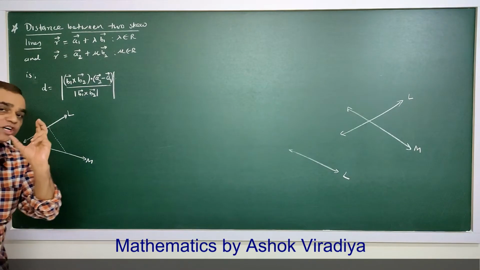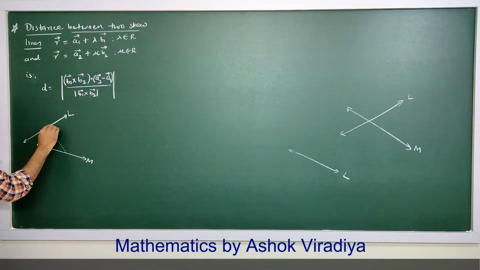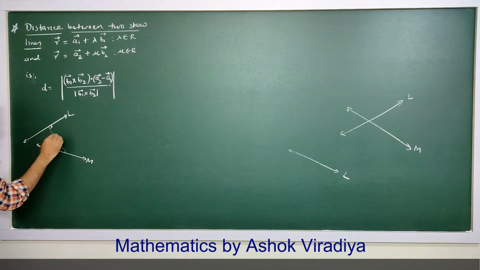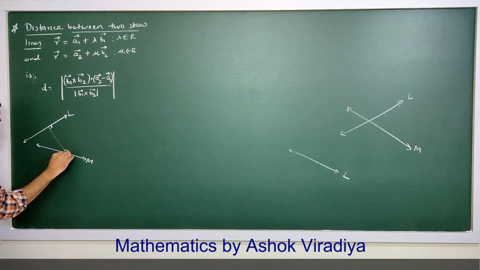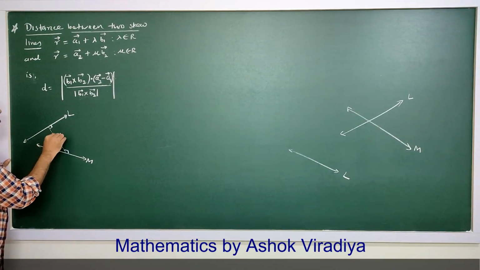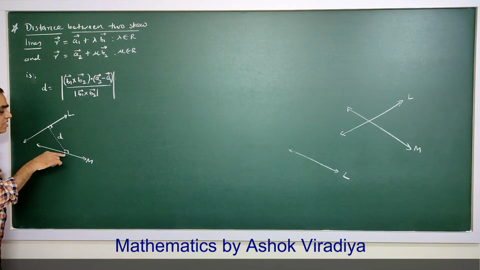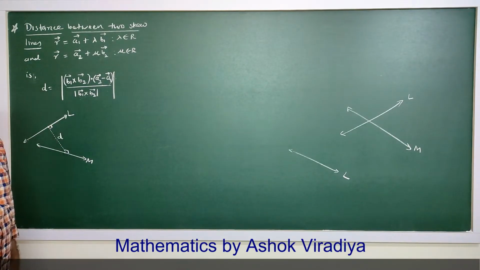There exists a shortest line segment such that it is perpendicular to both. It is said to be the shortest distance. On both the lines there exists a point such that joining these points, this is perpendicular to both. It is the shortest distance. So this is the formula.